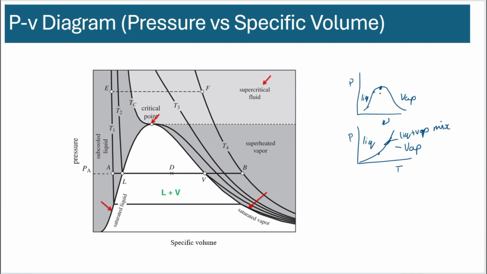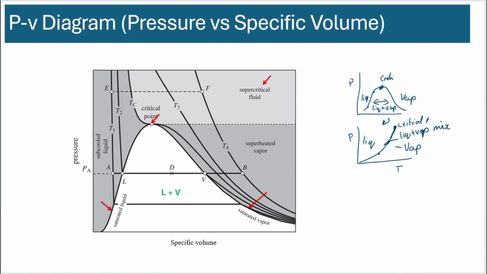And this is called the critical point. And the critical point is somewhere here for this. This point represents this point. And what happens on the inside? This is where liquid plus vapor is.